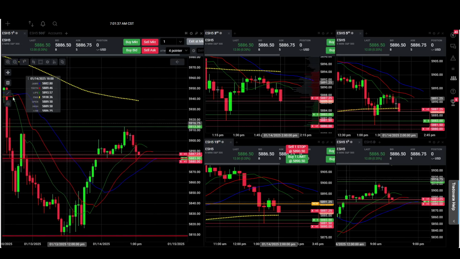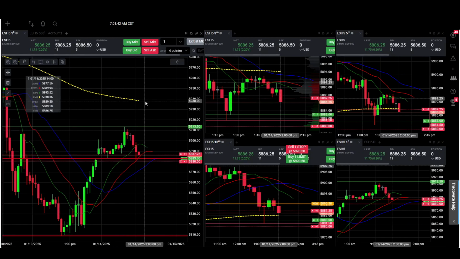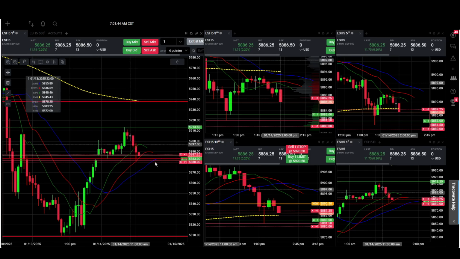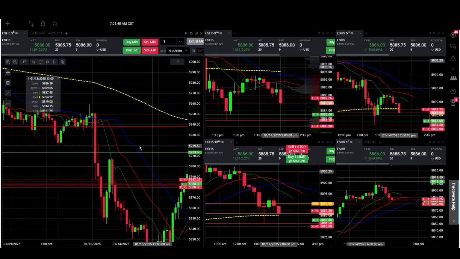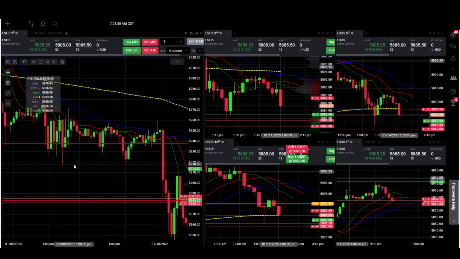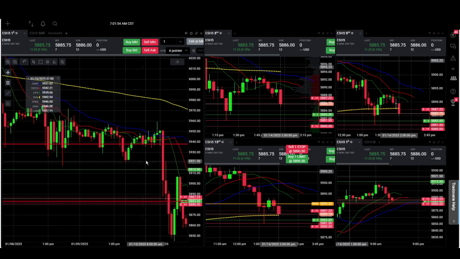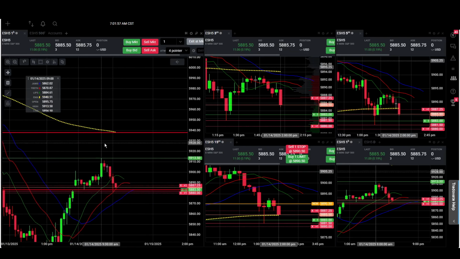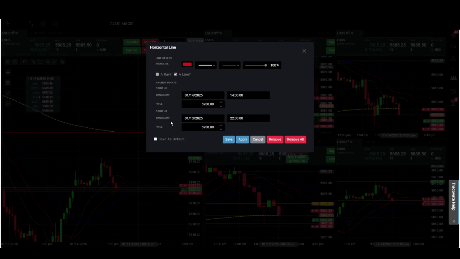Okay, so what we are going to do in here is to mark a potential high of the market according to the market structure of the 1 hour chart. We can see that there was some sort of consolidation in here, and also it's in the area of the 200 EMA. So we will set this with a different color.